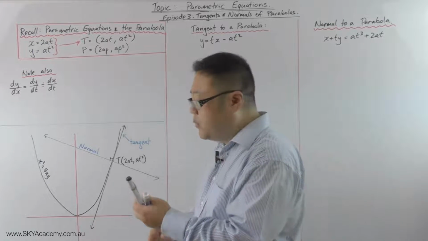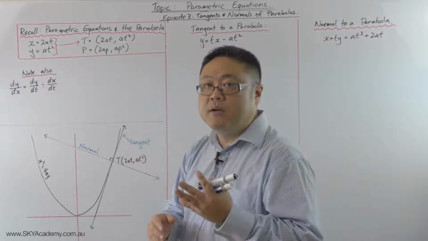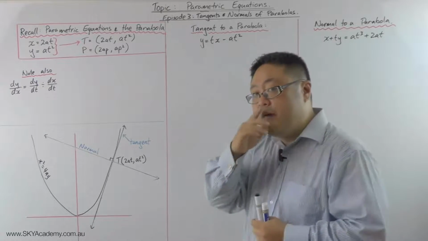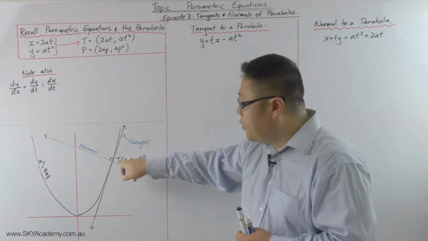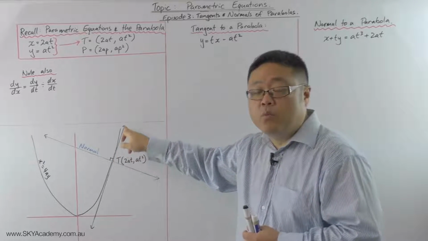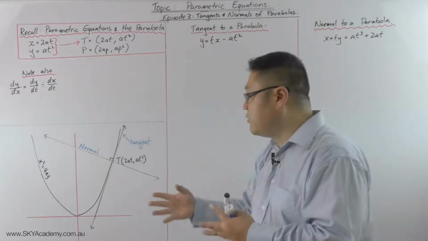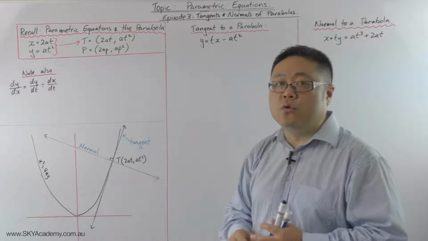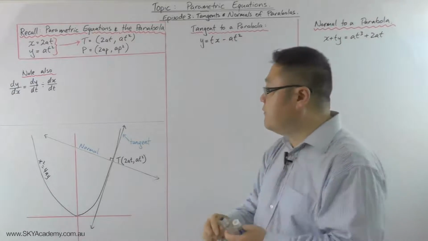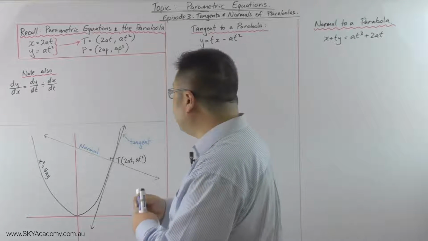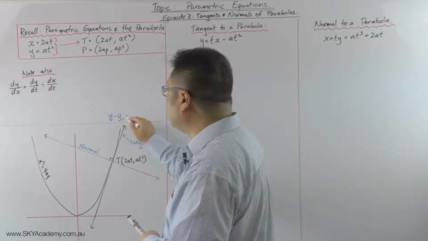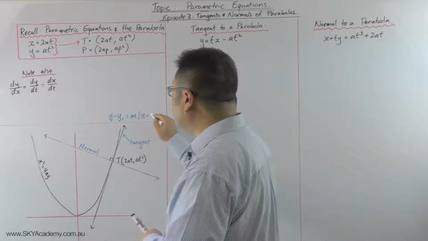So we're going to use the equation of a straight line to work it out. We've got a point and we can work out the gradient, and that will give us the equation of the tangent and the normal using the point gradient form. If you recall, the point gradient form is y minus y1 equals m times x minus x1.